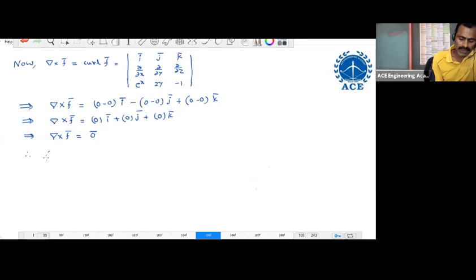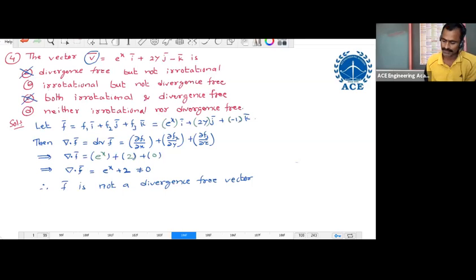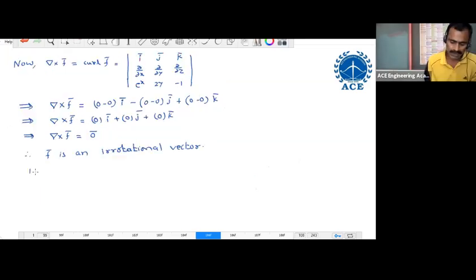Therefore, f bar is irrotational. Hence, the given vector function is irrotational but not divergence free. So the answer is irrotational but not divergence free, B only. Hence, option B is correct.